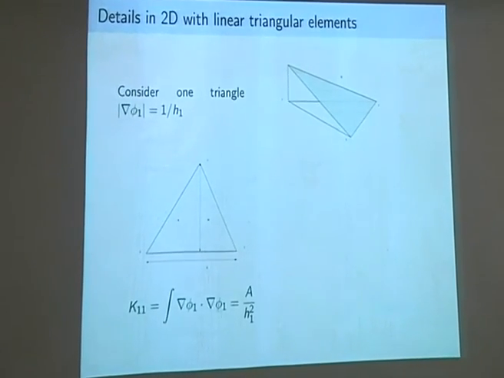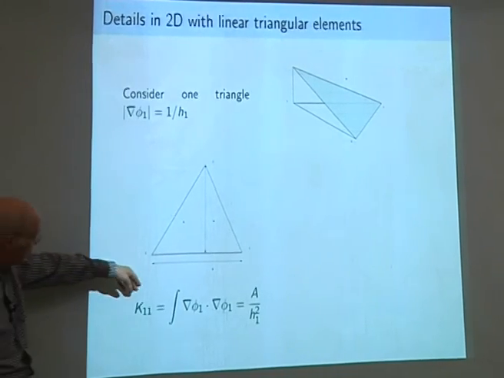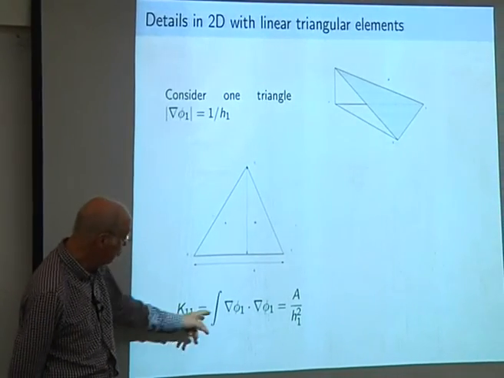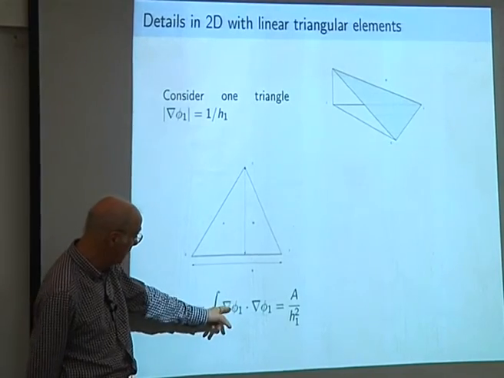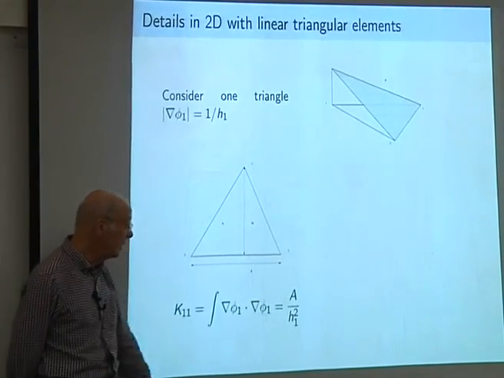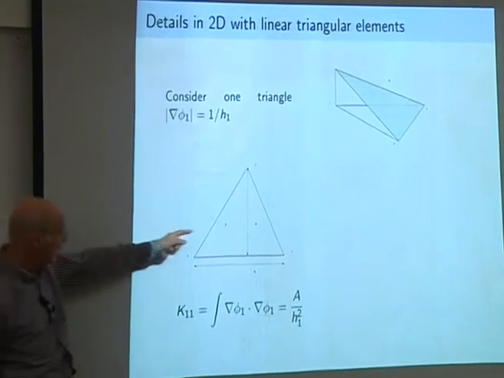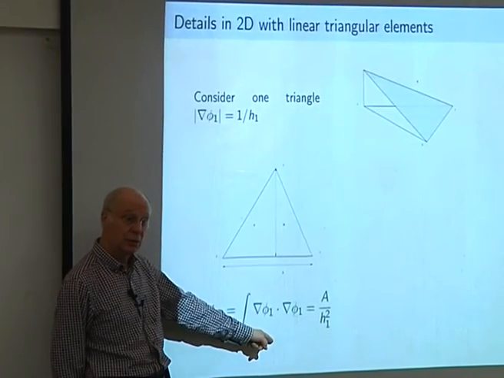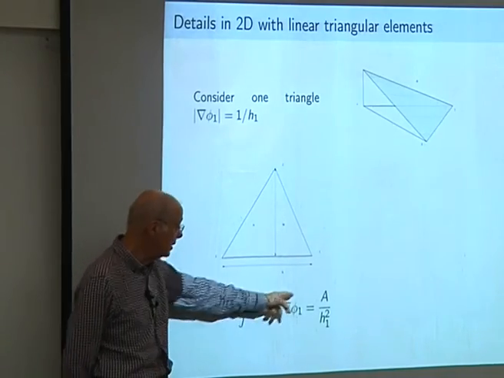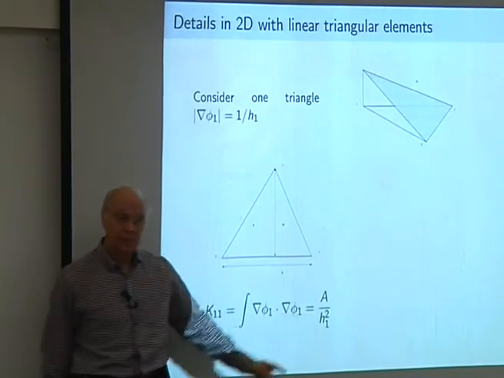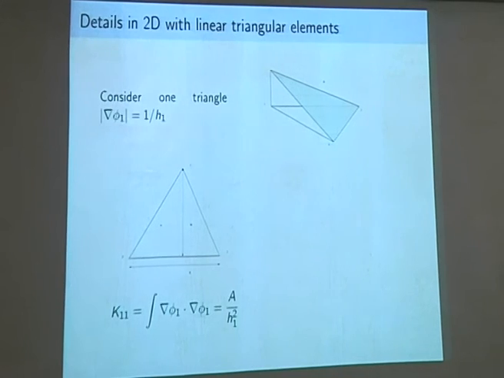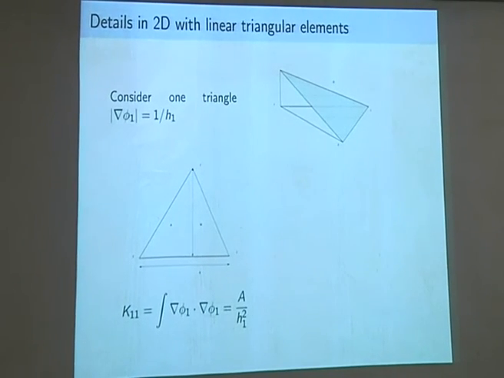And the integral for the stiffness function, K_11, the gradient of basis function 1 dotted with the gradient of basis function 1, that's going to be 1 upon h squared, constant, and then when I integrate it's the area of the triangle. These packages do all this for you, but this is what's going on.